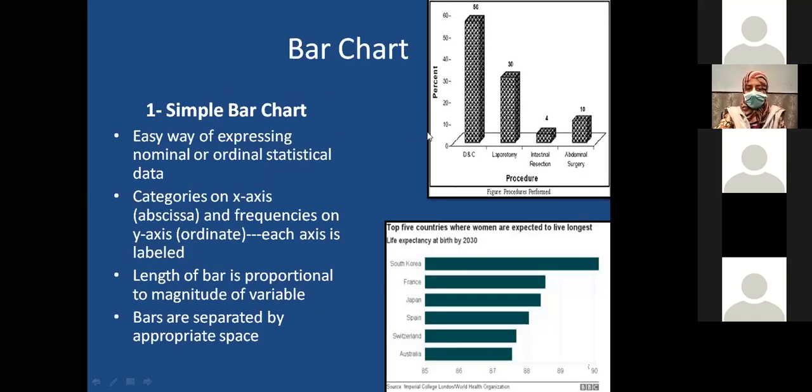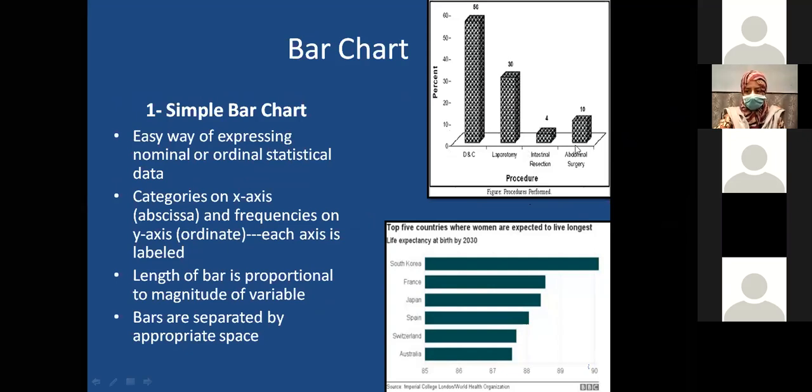For example, this is the simplest type of graph, which is called a bar chart. This graph shows the number of procedures that have taken place at a hospital. The largest number is given to the DNC, and here you have the percentages.